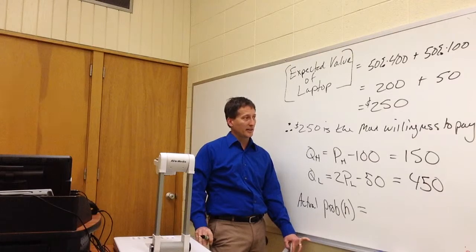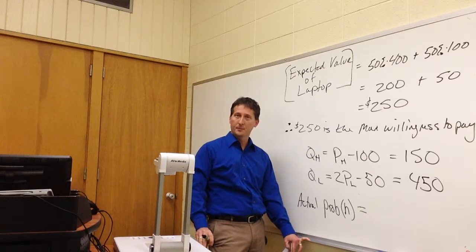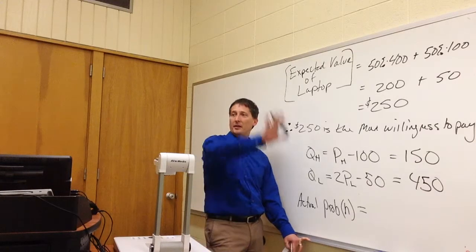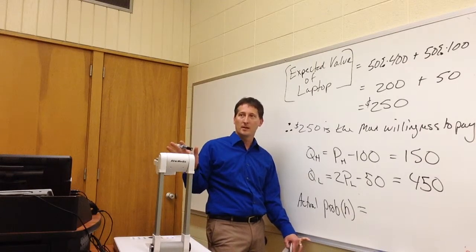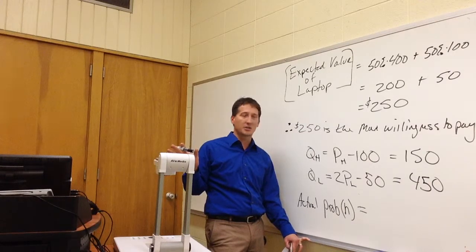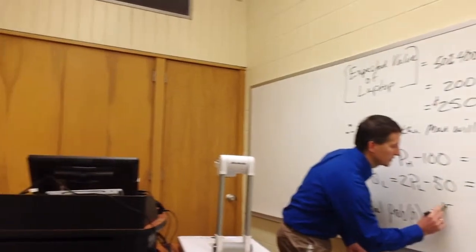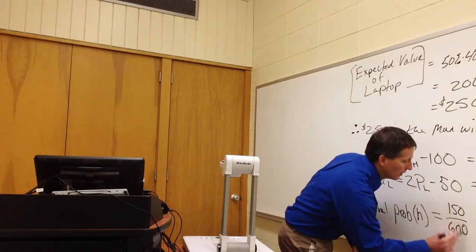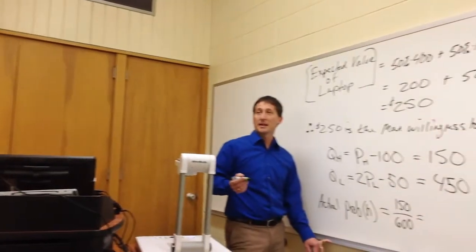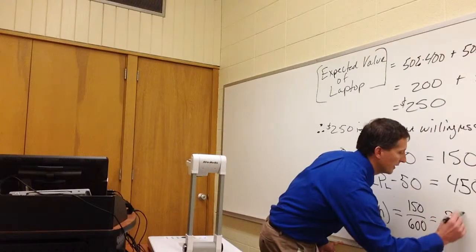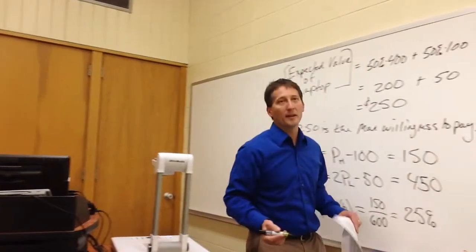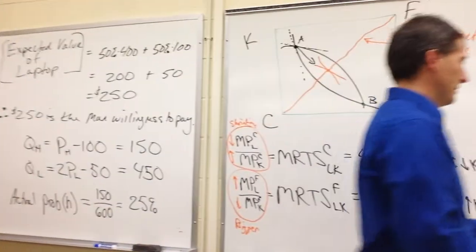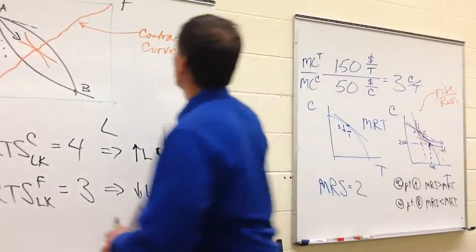How would you calculate that mathematically? How many laptops are out there in total? 600. What are the odds that you're going to get a high quality one? 150 over 600. Good. And that is what percent? 25%. So you've really got a 25% chance, not a 50-50 chance.